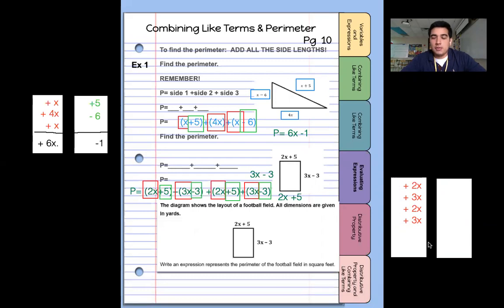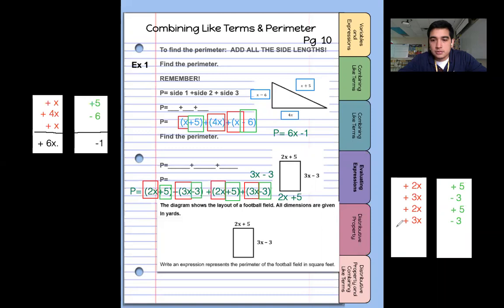All my x's are in their proper classroom. Now we go to the constants. We'll start with the positive 5, and then we have a negative 3. Make sure you put the right sign. Then I have another positive 5 and another negative 3.